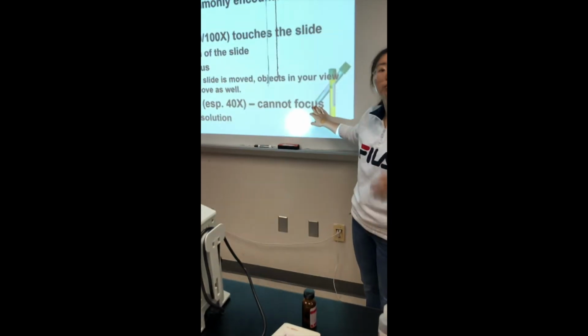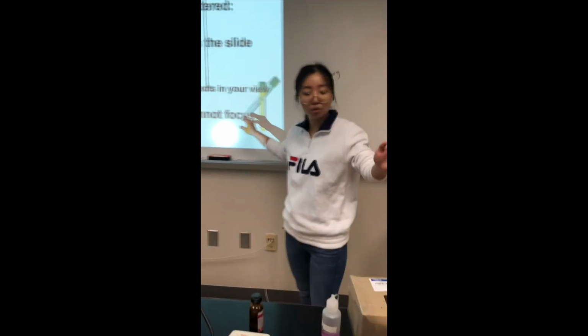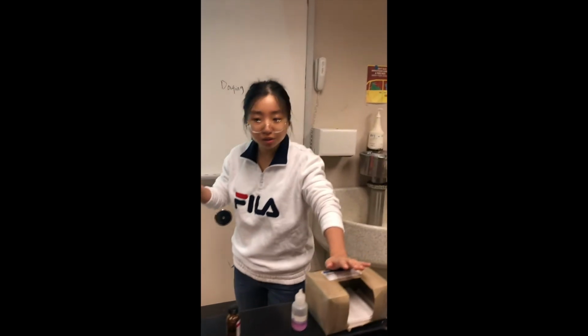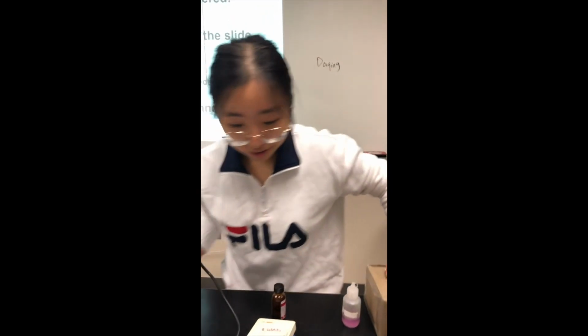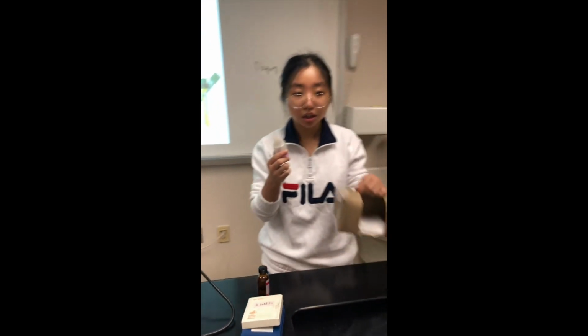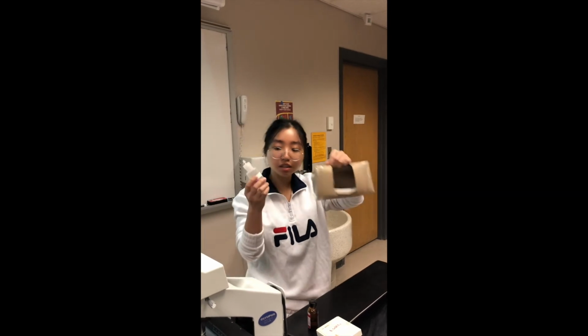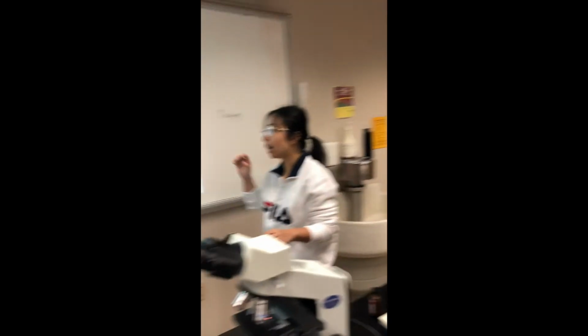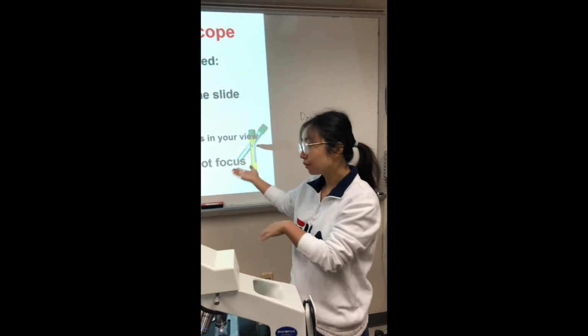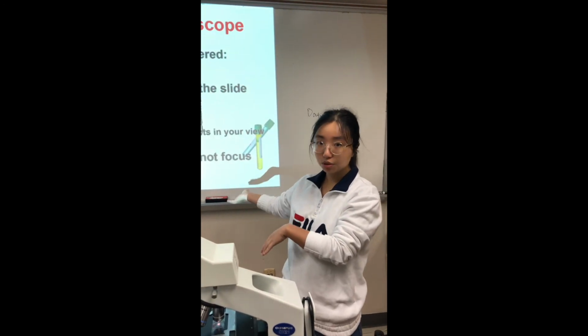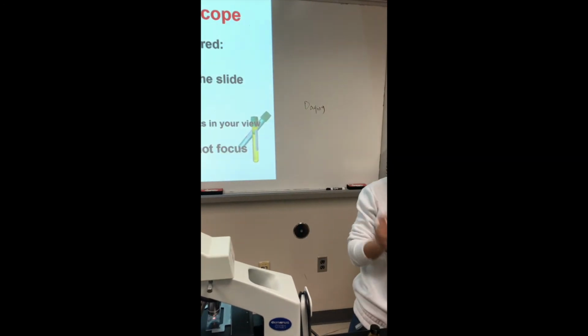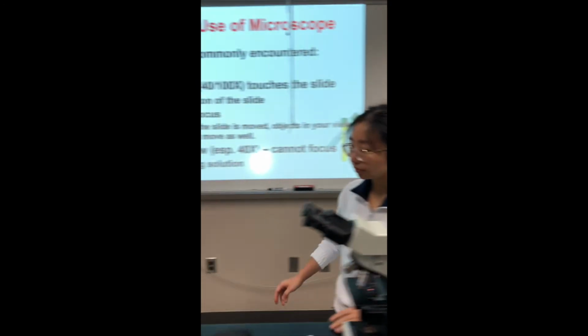This is something I really want to focus on. When you have a blurry view, also use the lens paper. Always use lens paper and lens cleaner, not paper towel, not Kim wipe, to clean your compound microscope from your 100 times. Sometimes the 40 times is blurry, so you use these two things to clean your compound microscope.